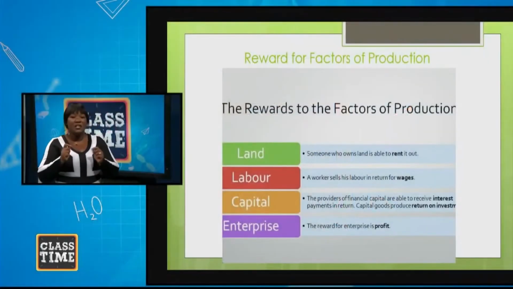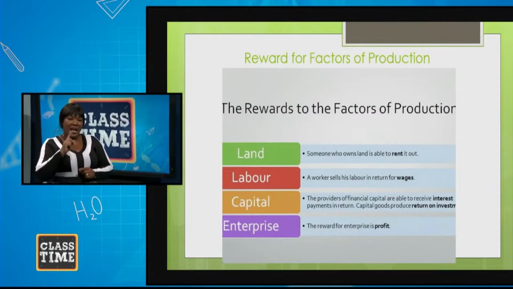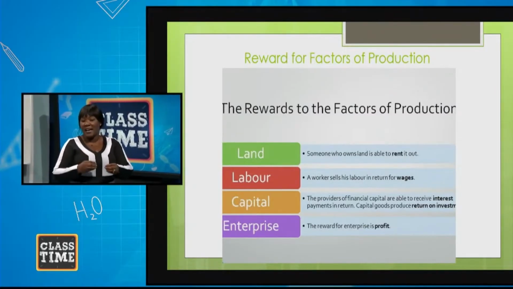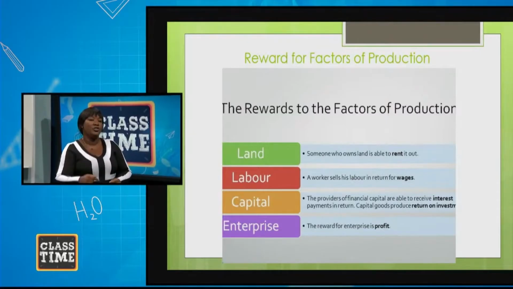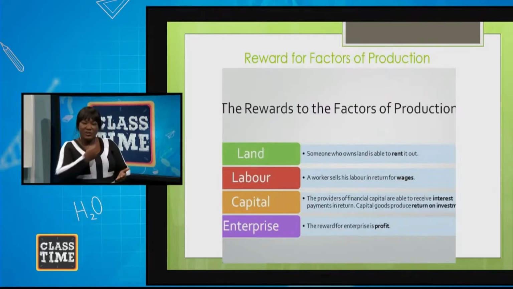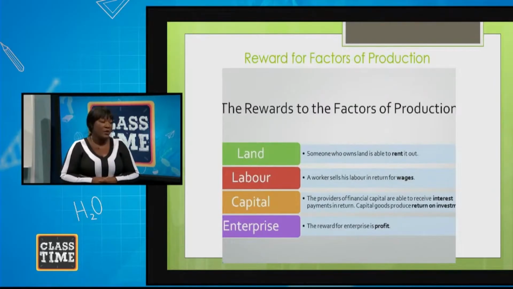The providers of financial capital are able to receive interest. So, for example, I'm going to lend you $100, and when you pay me back in total, I want $150. That means I'm going to make money on what I loan you, right?